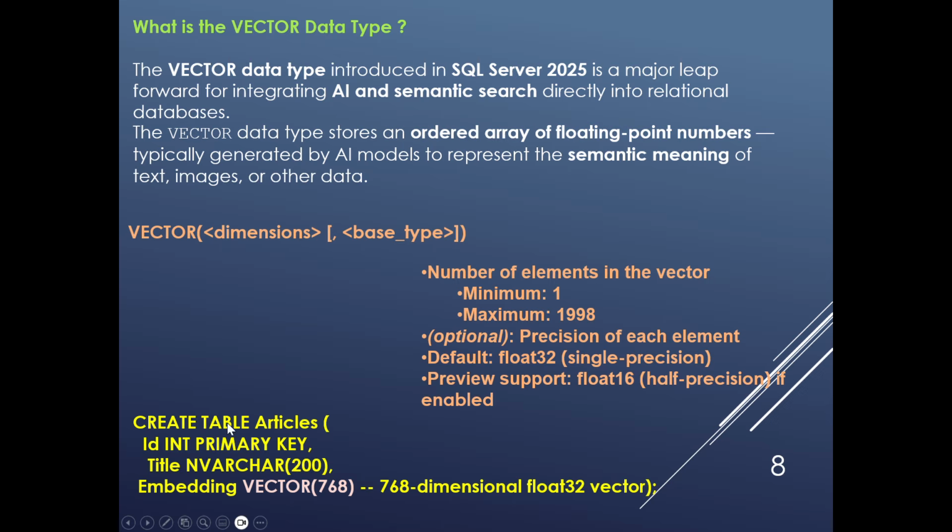Suppose I'm creating a table ABC with a primary key, a title as varchar, and then a column embedding whose data type is vector, and what is 768? 768 is the dimension. Suppose in nvarchar I put 200. That means I can insert up to 200 characters. Similarly, in a vector, when I put 768, it means how many dimensions I am expecting for this vector.